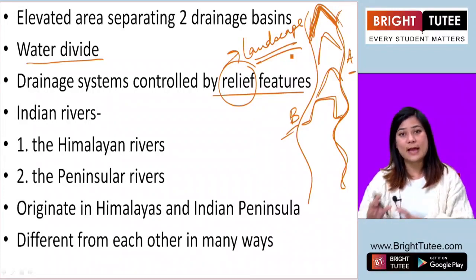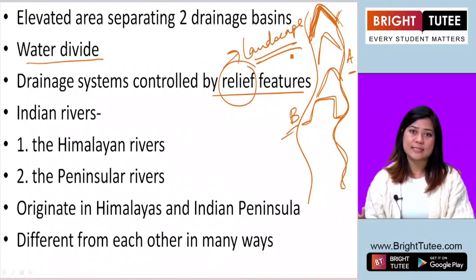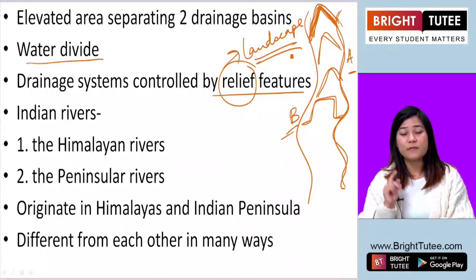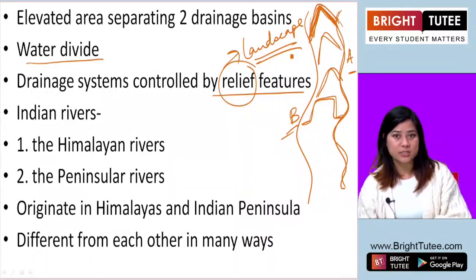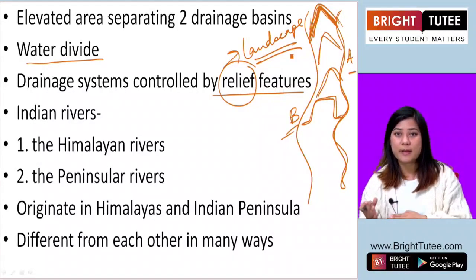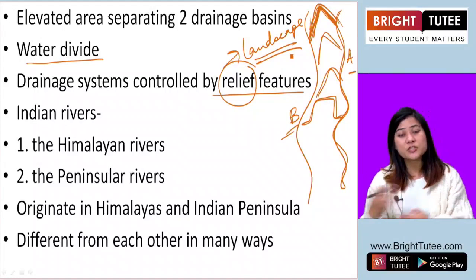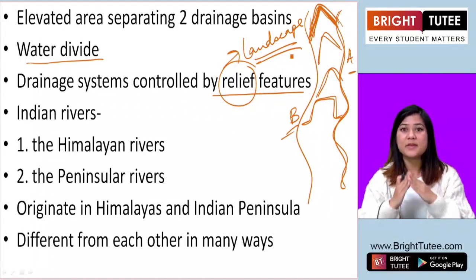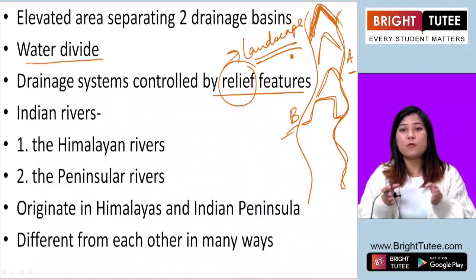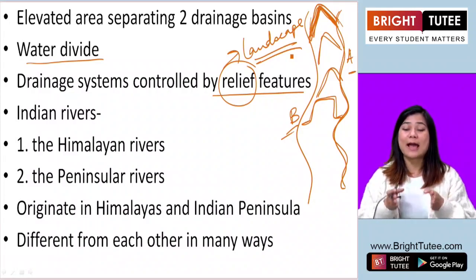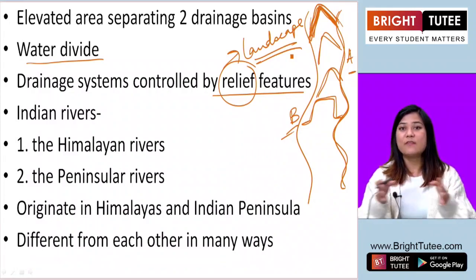All that landscape, the different features of the landscape that we have in our country, also play a very important role in the drainage system, because those landscapes determine where the river flows, in which direction it flows, how it flows. If there is a mountain in the middle, obviously the river will flow not through it but away from it. The mountain will act as a water divide and divide the water, divide the rivers.